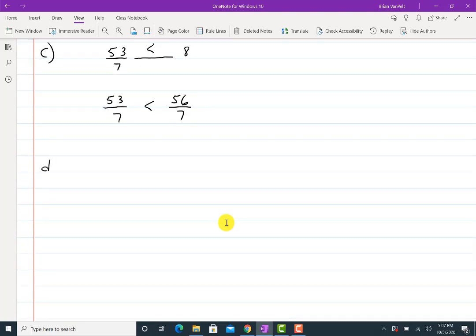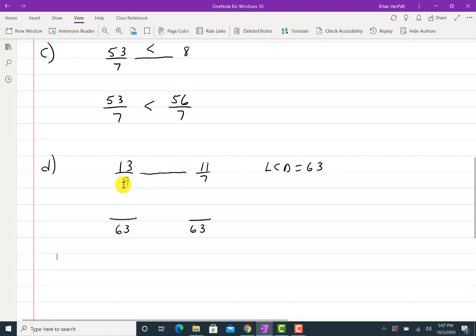Now let's complicate things a little bit. Let's do 13 over 9 versus 11 over 7. Let's see which one's bigger. Here, the LCD is going to be 9 times 7, which is 63. So I'm going to rewrite both of these fractions over 63.